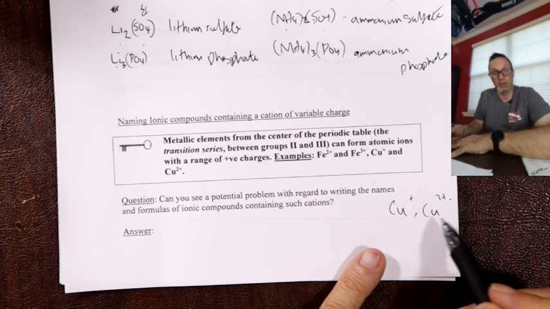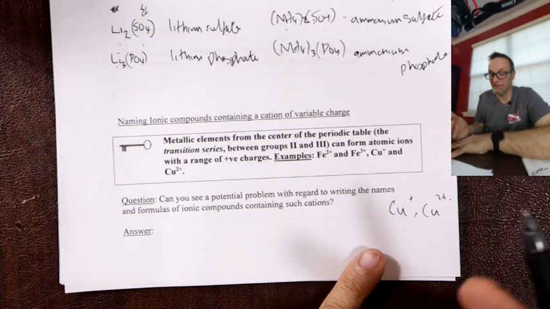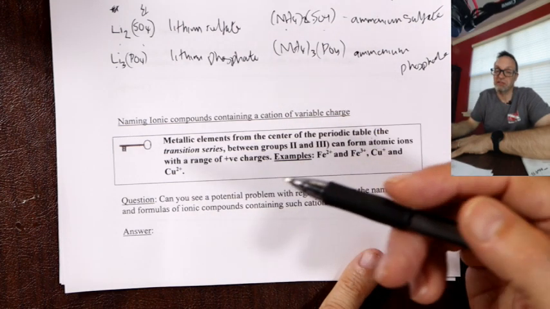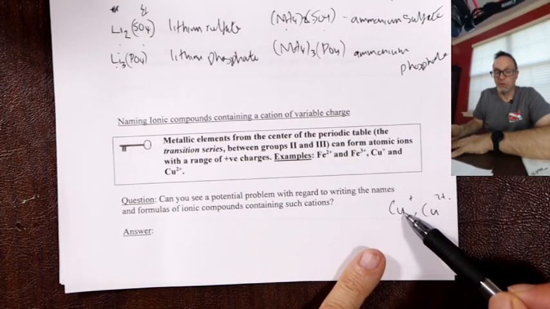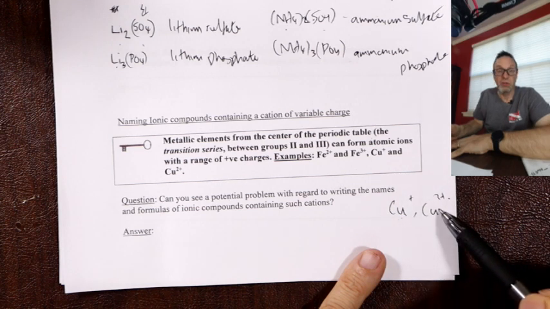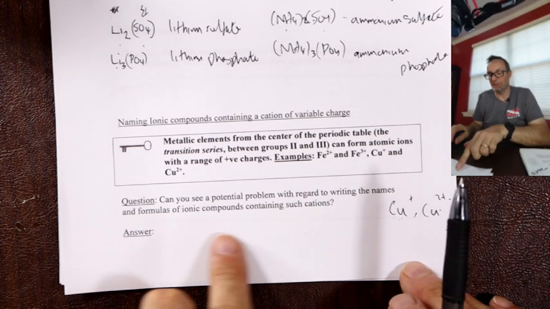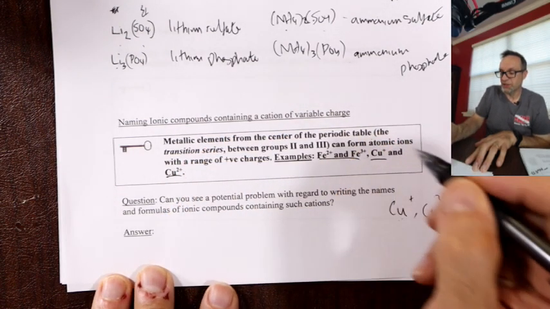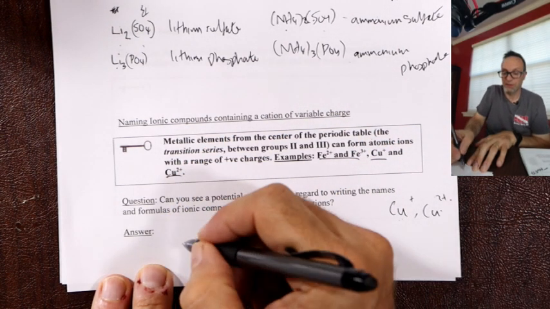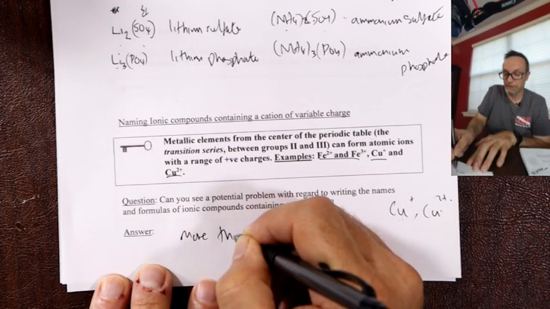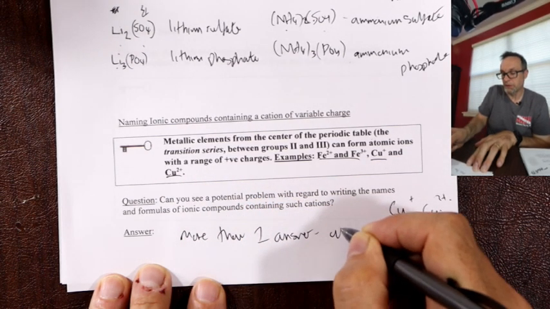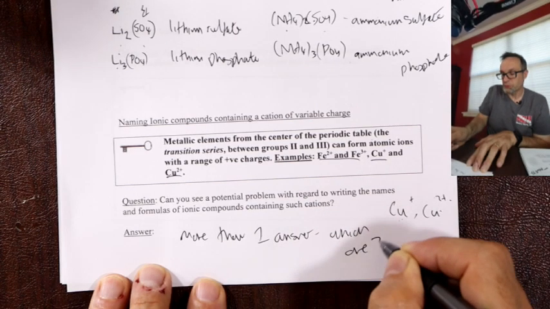And CuCl2. There'd be 2 answers, right? So it doesn't work like before. Somehow you have to be able to differentiate between the thing with copper plus 1 and the thing with copper plus 2 inside, right? So can you see a potential problem with ions that have 2 or more charges? Yes, there's more than one answer, okay? Which one do you choose?